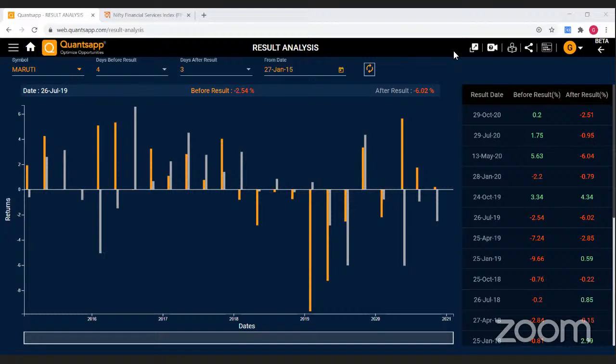In terms of build up or result analysis?